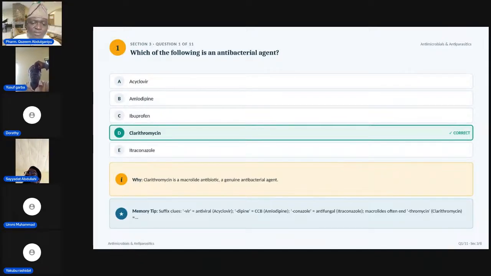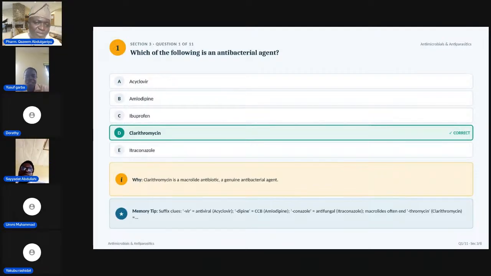So this is just the simple explanation about this. But if I'm to ask the same question again, I could just come back to say which of these is an antiviral, still giving you these options. Some of you will say, I've seen this question before, and you rush and choose clarithromycin. If you do that, you will be on your own.